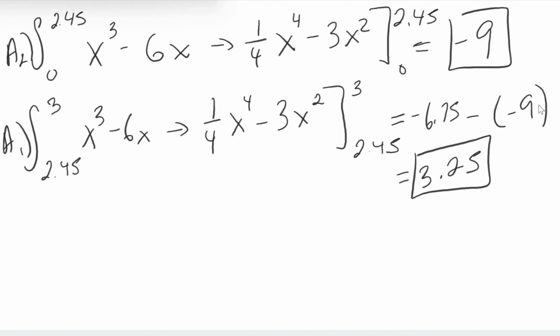Did I screw up the subtraction? It might be. I might have screwed up the subtraction. That is extremely possible. Yep. Oh, yeah, you're right. I screwed up the subtraction. There we go. Now my notes are right.